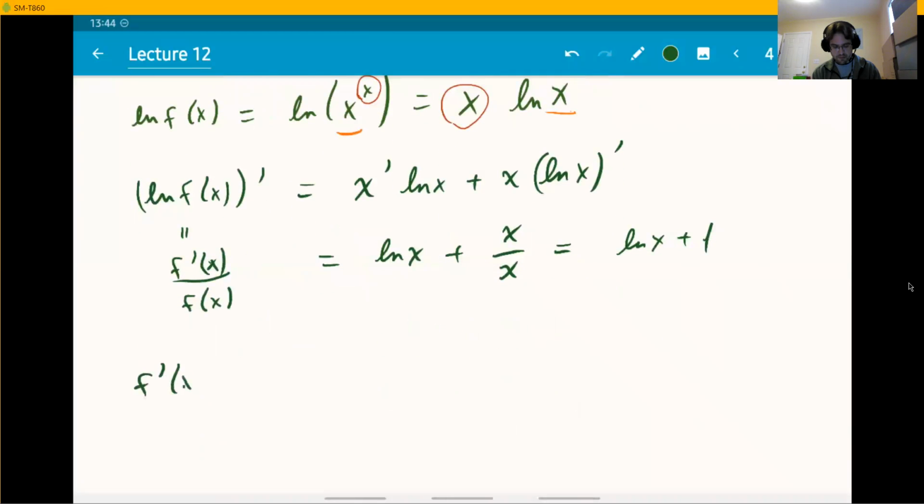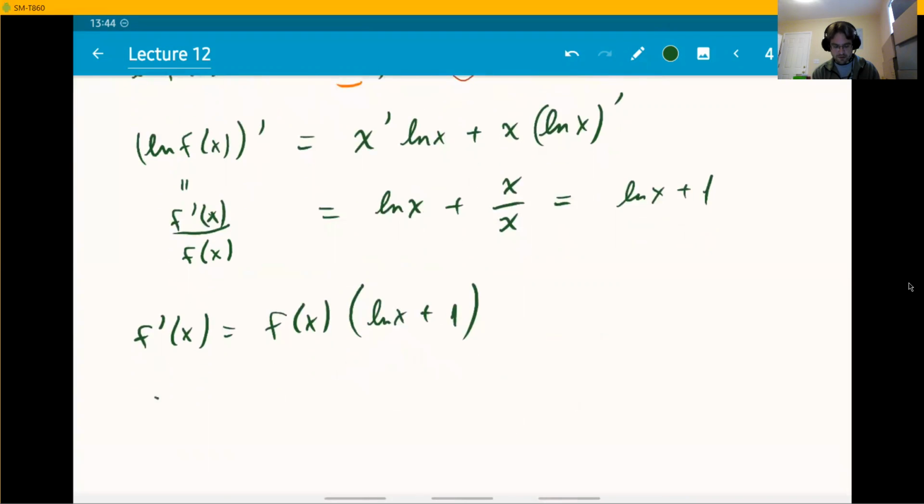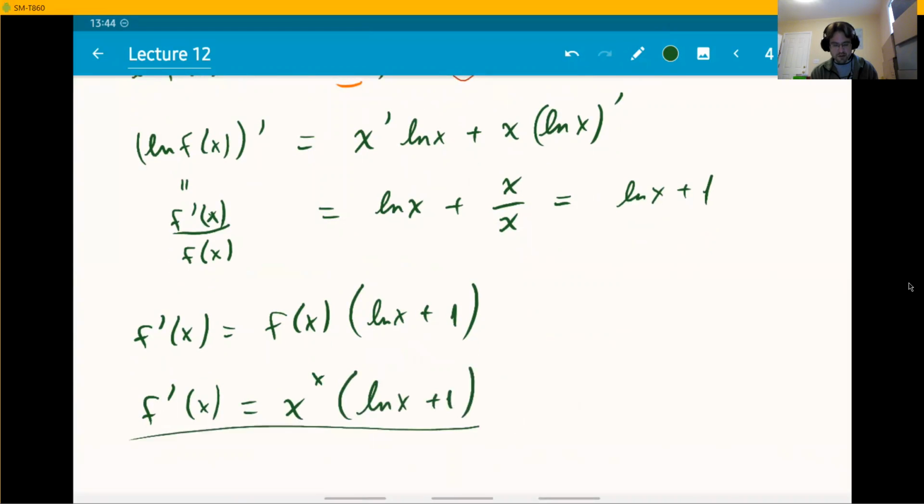So f prime, the derivative that we actually wanted, is f times this, where now you plug in your original f. If you remember, that was just x to the x. This is the derivative of x to the x. By the way, it's only defined for positive x's. We should know this from the start already.